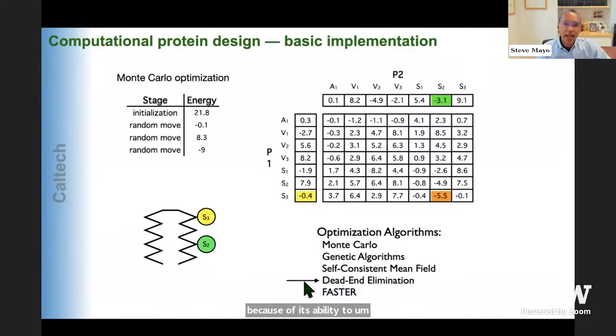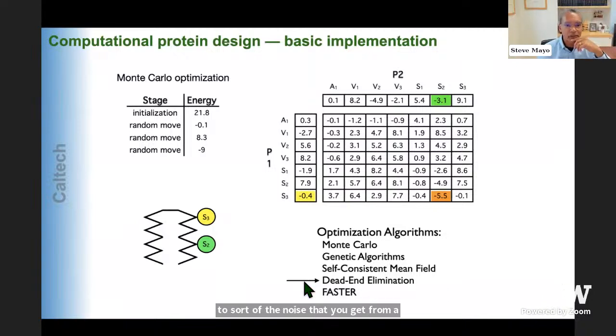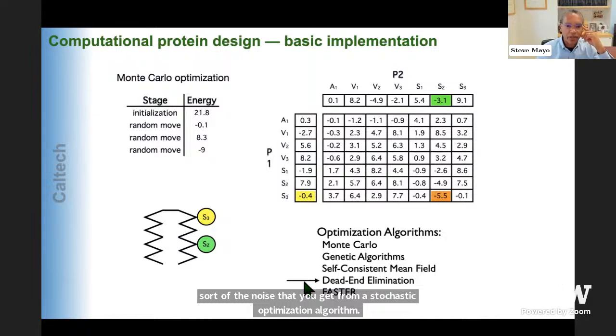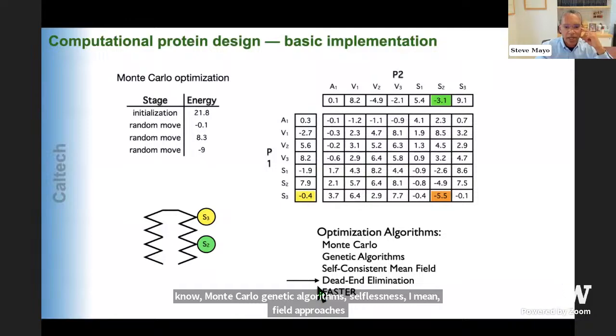And we believe that that was important in the context of trying to optimize methodology, in order to be sure that your method optimizations are not being applied to the noise that you get from a stochastic optimization algorithm. But we were very engaged in Monte Carlo, genetic algorithms, self-consistent mean field approaches, and FASTER, which is a combination of several techniques together.